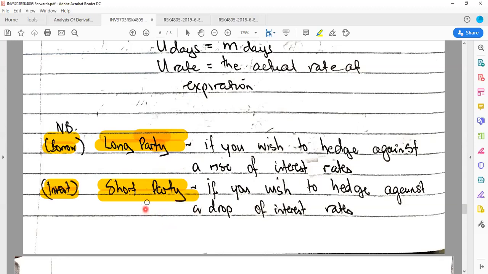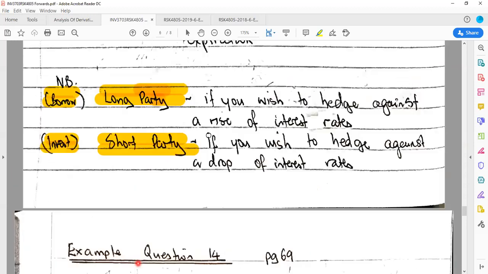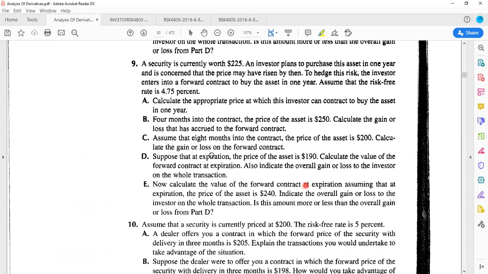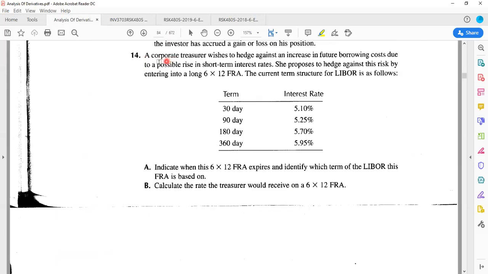Okay. So to finish off this video, I want us to look at question 14 on page 69 of the prescribed textbook. I just want to illustrate how to actually do calculations here as we finish this off. The question says, a corporate treasurer wishes to hedge against an increase in future borrowing costs.